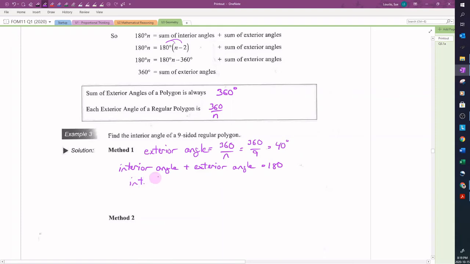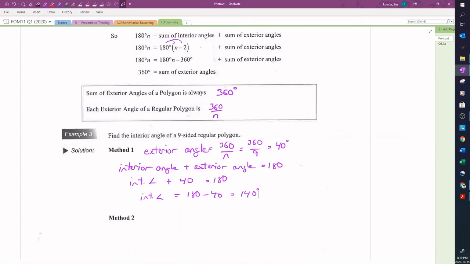So the interior angle plus 40 equals 180. So the interior angle is going to be 180 minus 40, which is 140 degrees. So that's one way to do it.